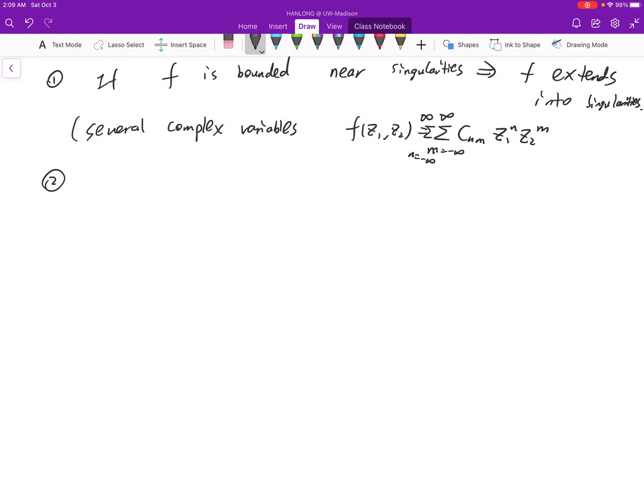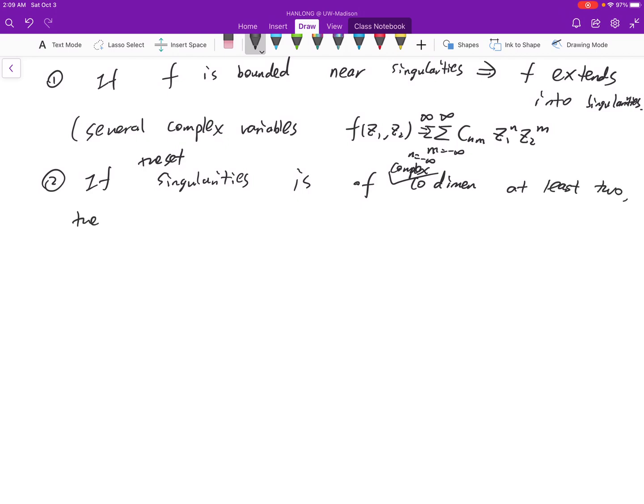Secondly, if the set of singularities is of complex codimension at least 2, then f extends into the singularities holomorphically.